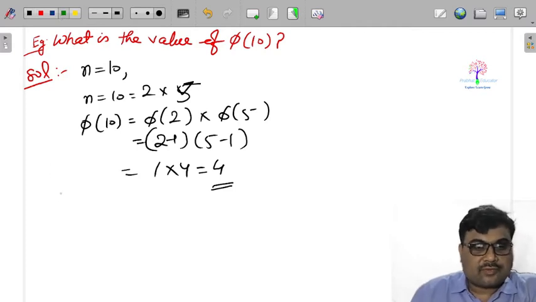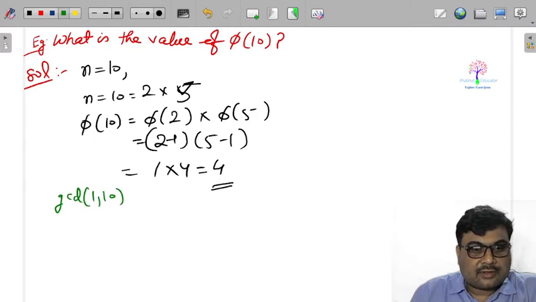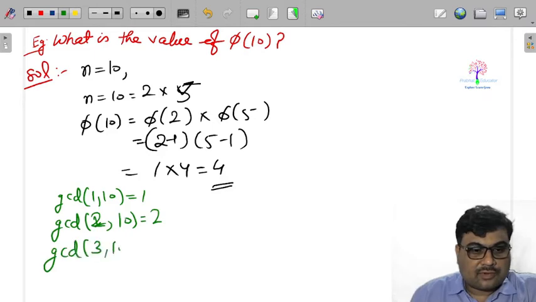So what is the meaning of 4 numbers? Let's check: GCD of 1 and 10 is 1. GCD of 2 and 10 is 2. GCD of 3 and 10 is 1. GCD of 4 and 10 is 2.